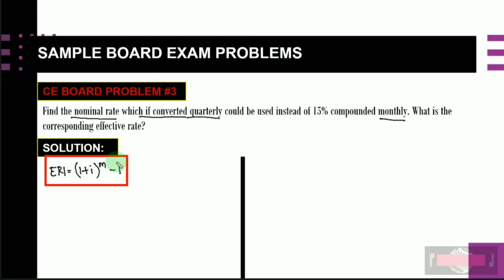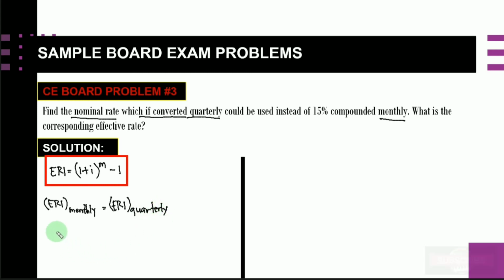So based on this compounding, we can say that your ERI for monthly is simply equivalent to your ERI for quarterly.